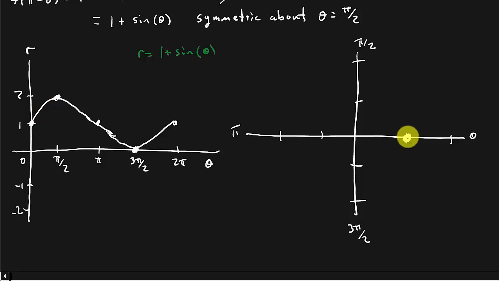So as we move around, we're increasing. Let's see if I can draw this. See how good I can draw this. Something, that's not very good. Okay, anyway, it's going to look something like that. Okay, something like that.